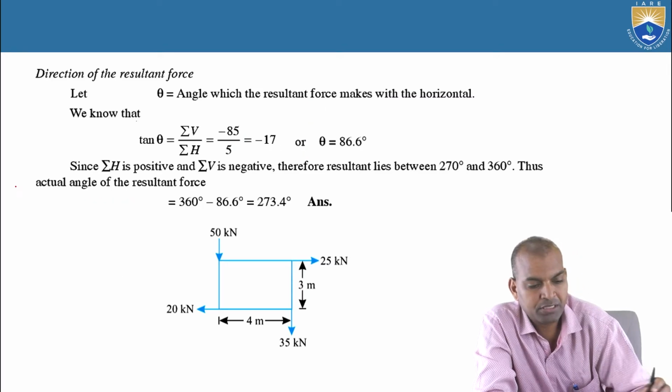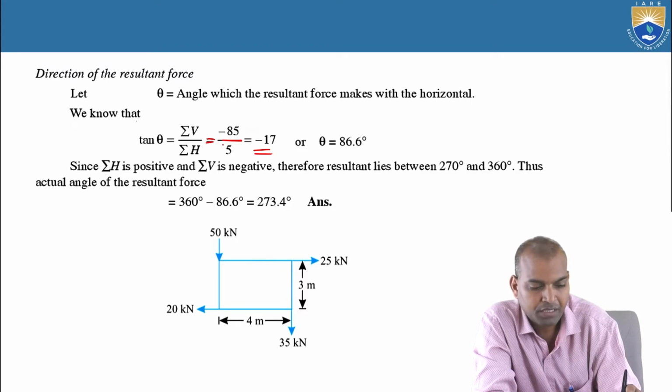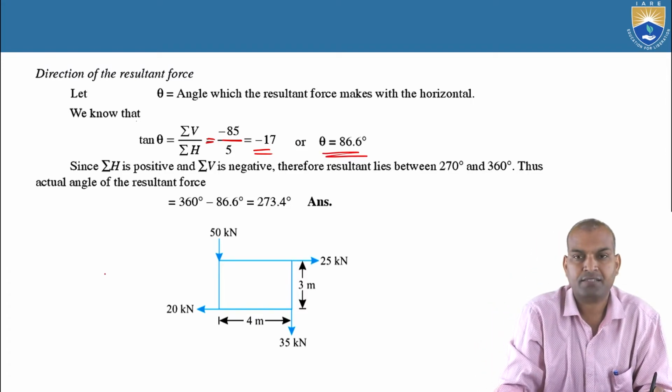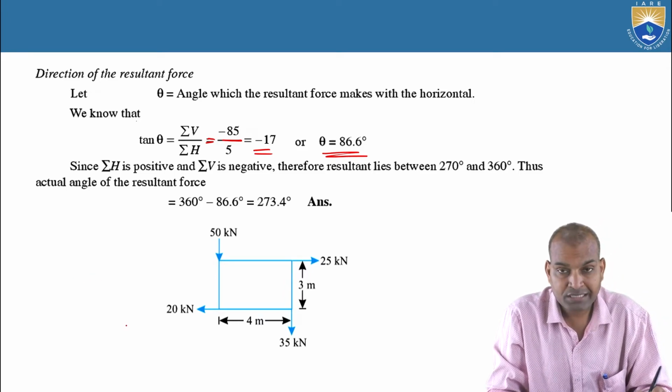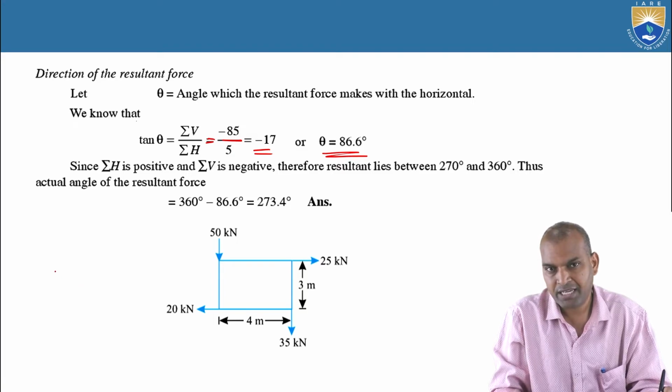the direction of the resultant force, tan theta equal to, as I told you, tan inverse of sigma v by sigma h. The sigma v by sigma h is 85 by 5, that is 17. Theta equal to 86.6. But how can we know what theta is? Is it positive towards the positive x direction?